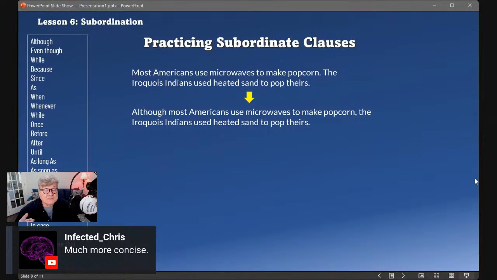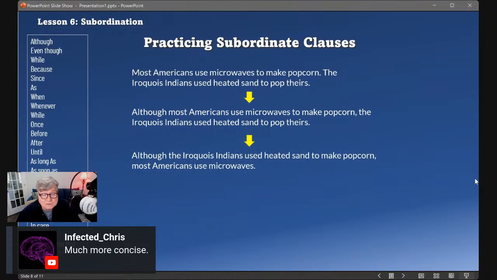And the second clause is a main clause, the finite verb, and it is placed at the end of the sentence. So the fact that it is a main clause and the fact that it is placed at the end of the sentence gives the max emphasis to the fact we wish to convey about Iroquois Indians. We can do just the opposite, of course.